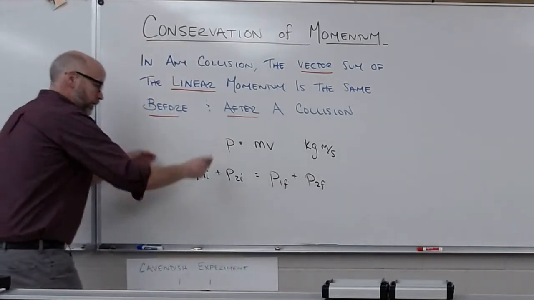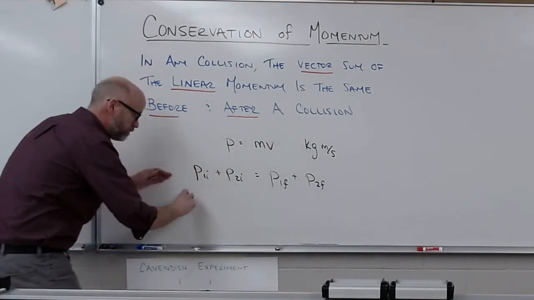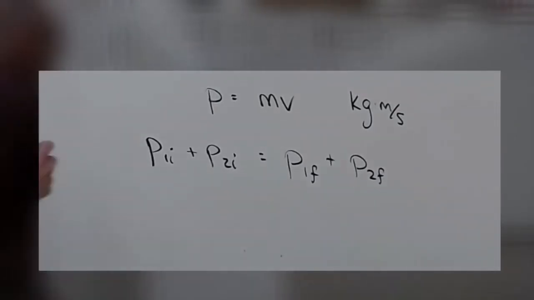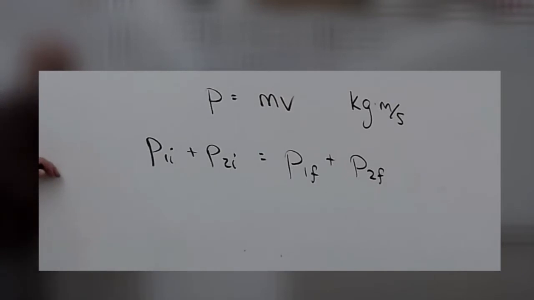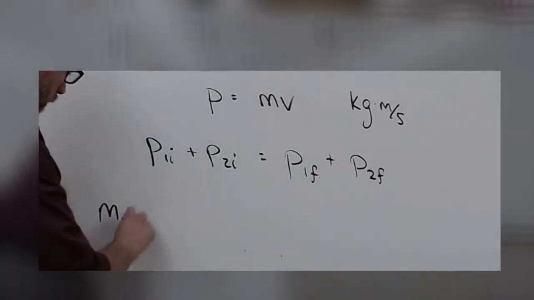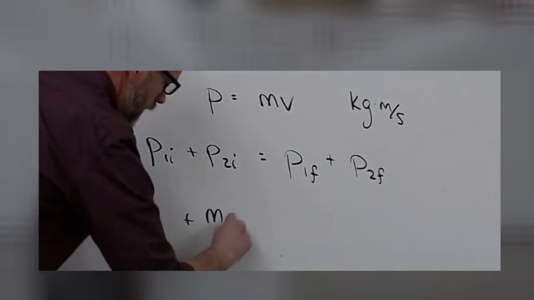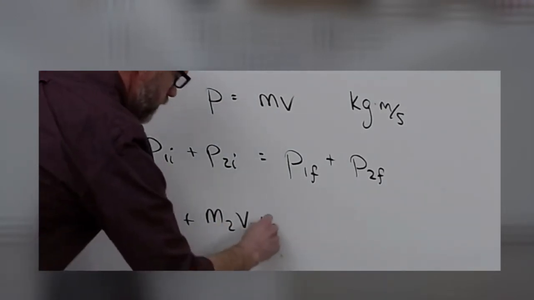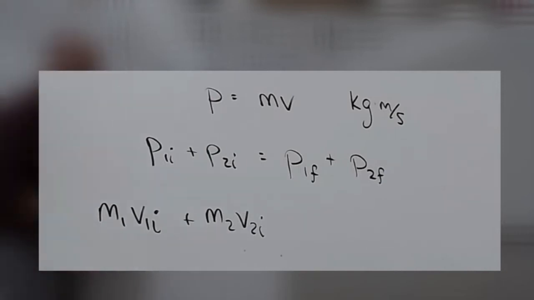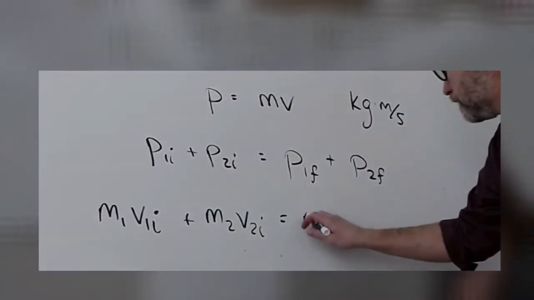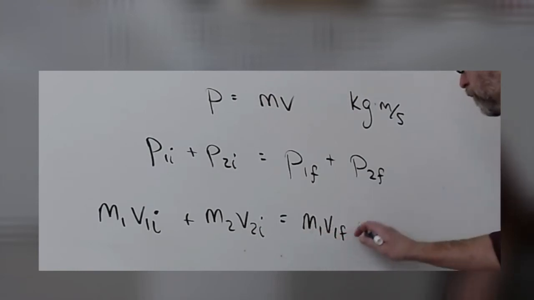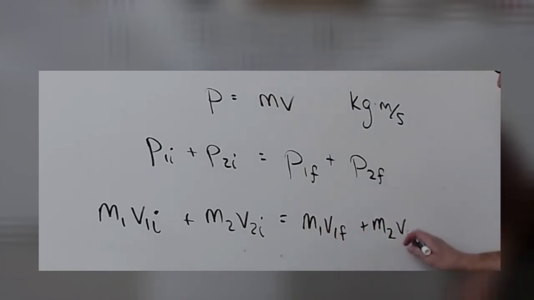Now, if I were to expand upon this a little bit, I'm going to rewrite that as m1v1 initial plus m2v2 initial equals m1v1 final plus m2v2 final.